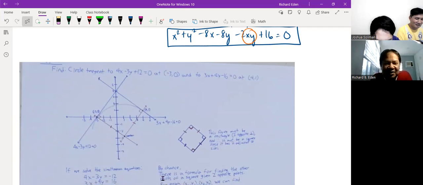So 4x minus 3y plus 12, negative 3, 0. Yung exact po. Okay, let's see natin. 3x plus 4y minus 16 at 4, 1. One of the things I do is I check if the points do fit. Okay, and then 4, 1, 12 plus 4 is 16 minus 16. All right, okay.